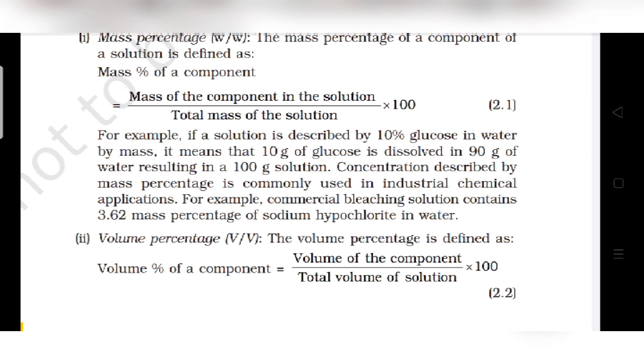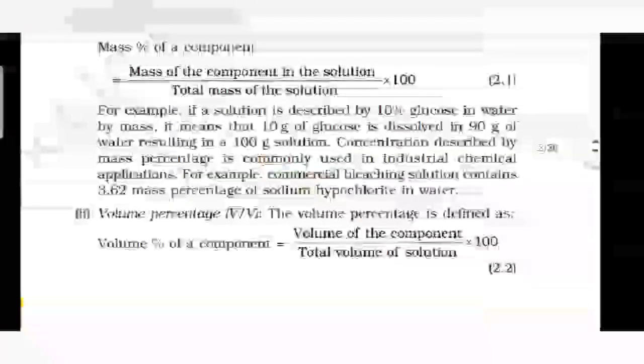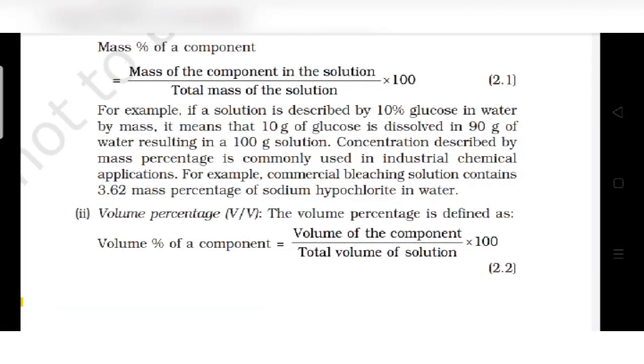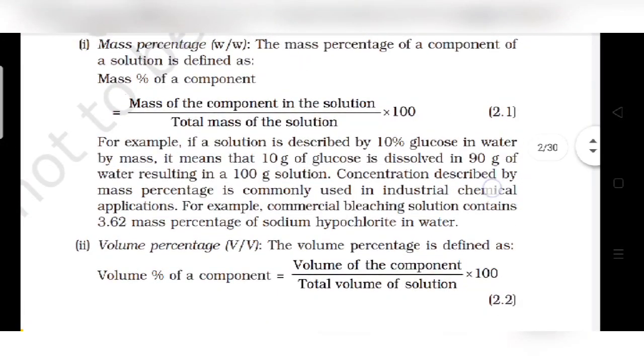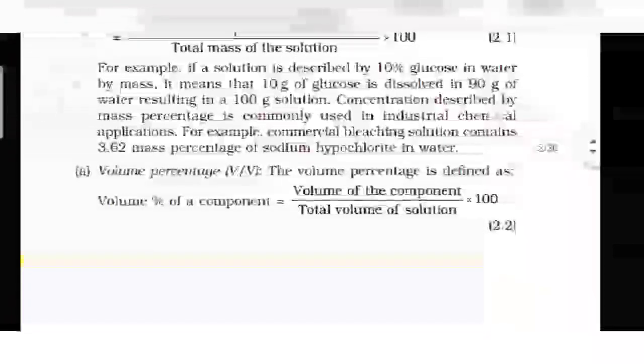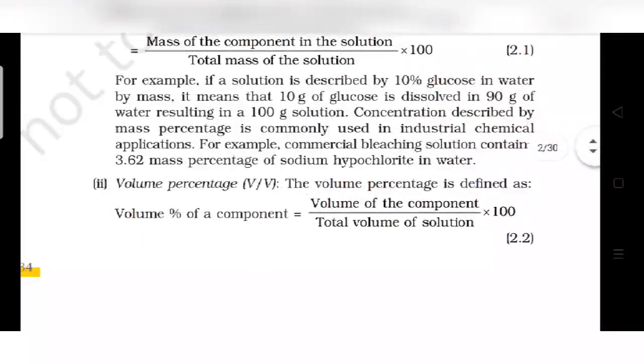So in short, you have a 100 gram solution in which 10% glucose means 10 gram of glucose is dissolved in 90 gram of water. So to find this mass proportion, use the above mentioned formula, that is 2.1. Okay, this much is clear.